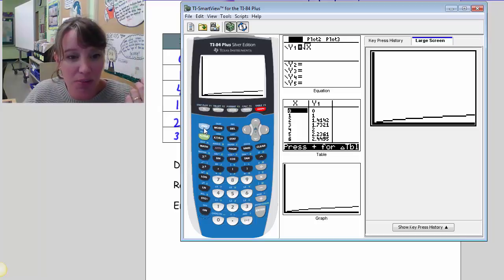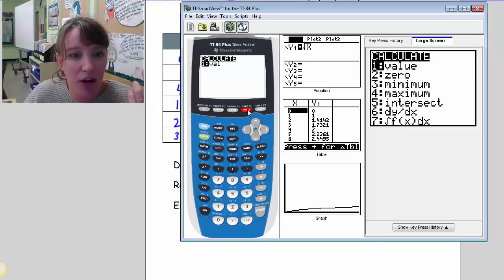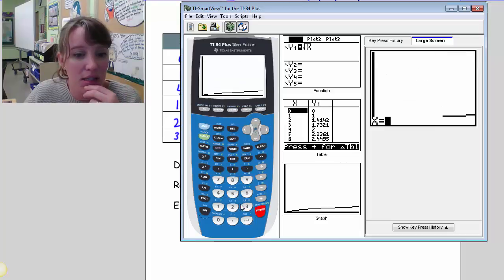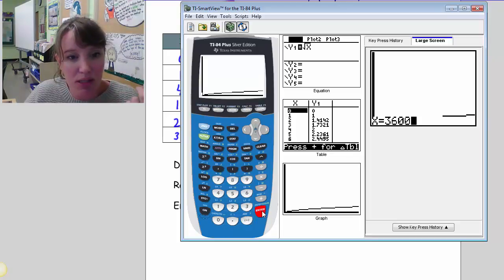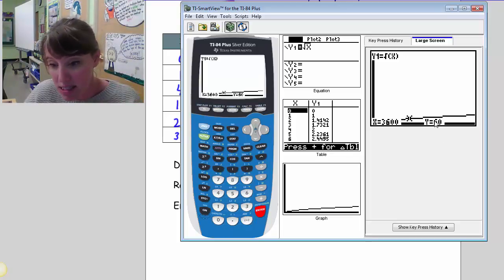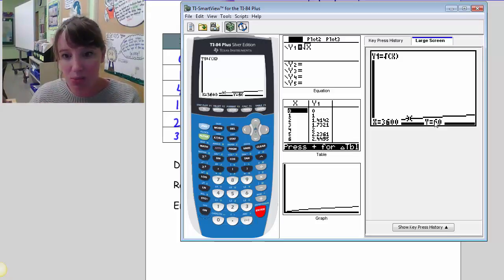So if I look at the comparison, let me ask the calculator to calculate the value when x is 3,600, for instance. When x is 3,600, y is 60. So when x gets large, y also gets large, but it doesn't grow as much as the functions we've been seeing.